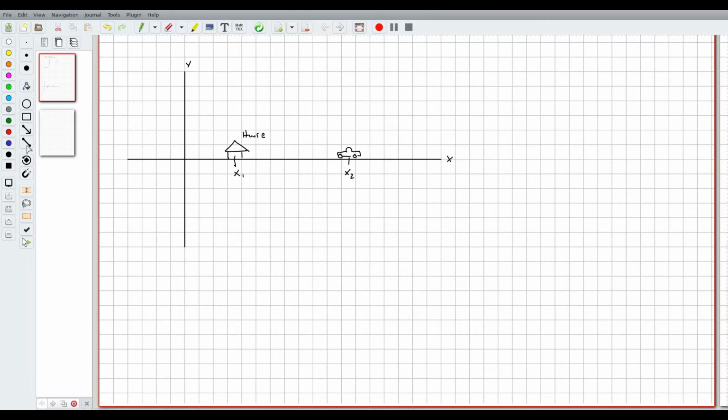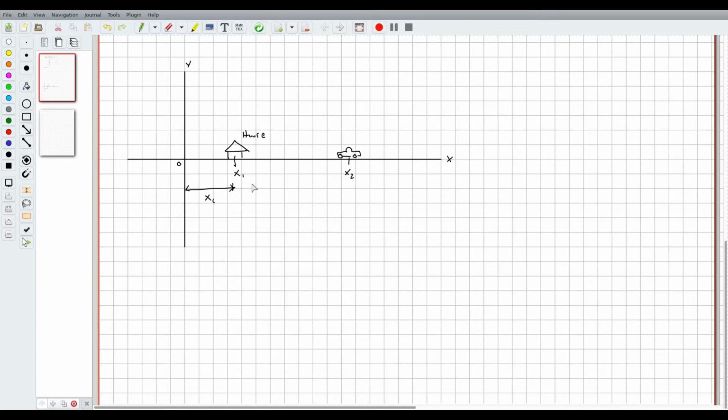Now, if you look here, relative to the origin of our coordinate system, this distance right here is the length of x1.